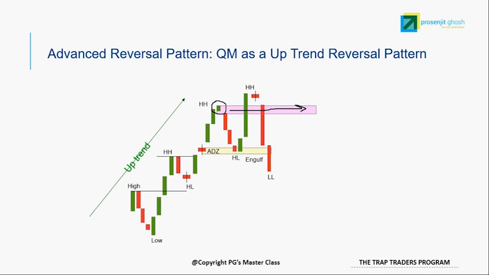And this is your QM level, and when price comes up, you can short there. So above the QM level, you have the reverse zone, because the authentic zone got engulfed. And this reverse zone is otherwise also known as MPL or maximum pain level.